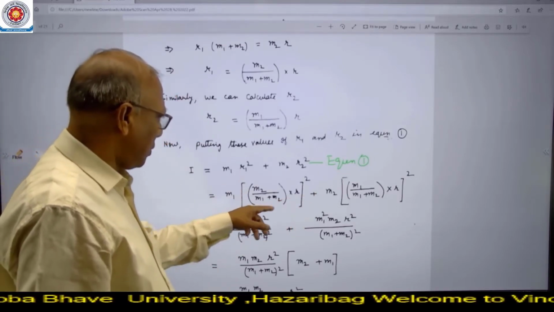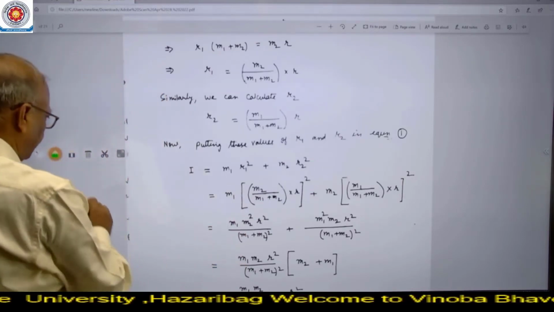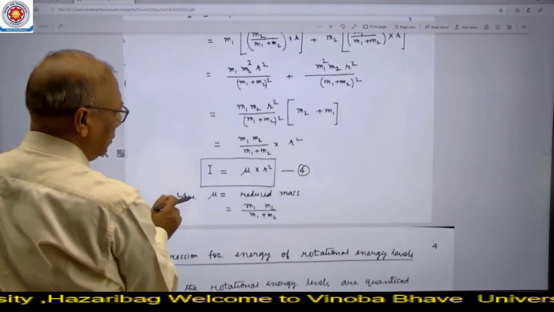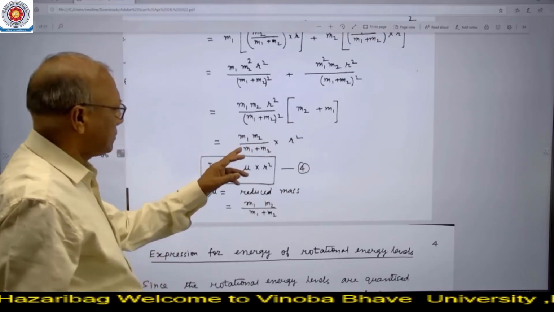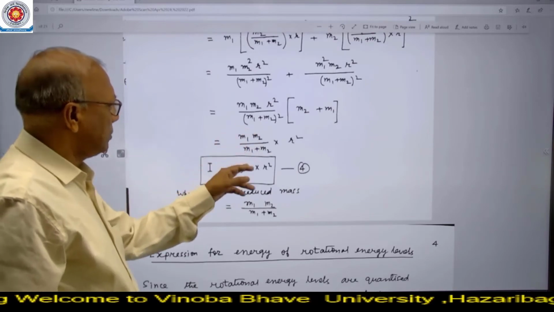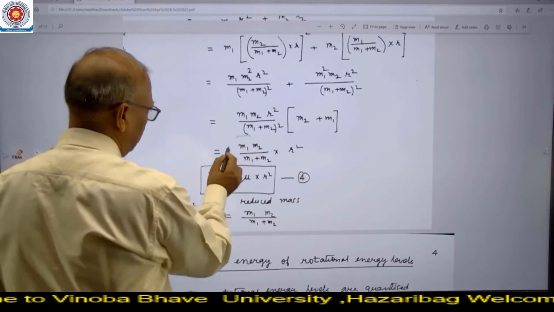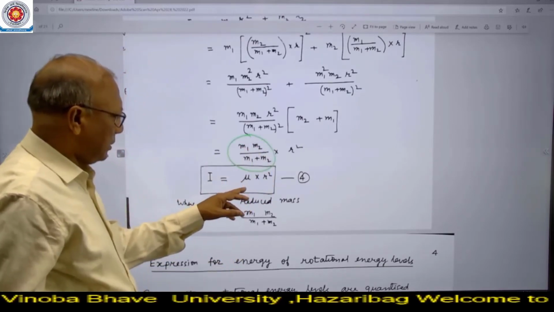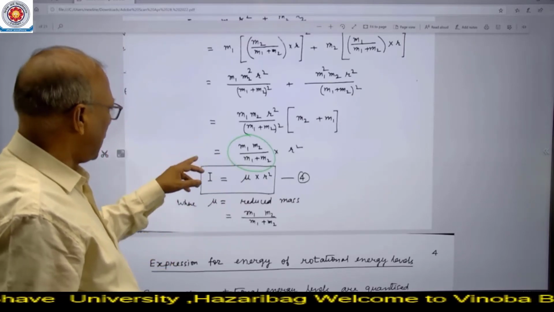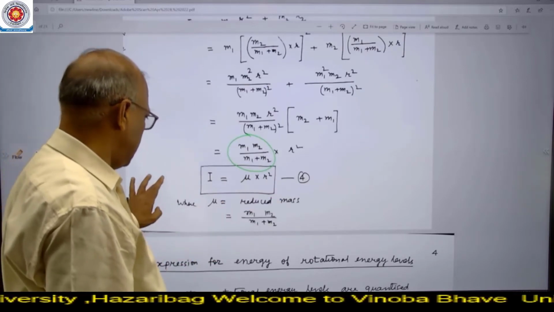And when we solve this equation, finally we get the expression m1 m2 by m1 plus m2 into r square, and this term in the expression is nothing but the reduced mass denoted by mu. So here we have I is equal to mu into r square, equation 4.